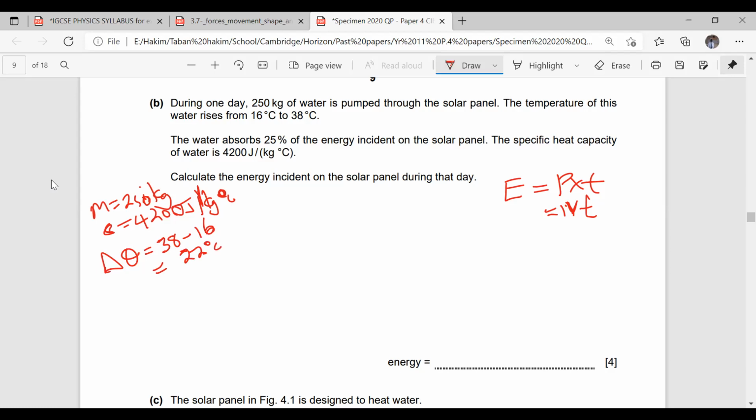So we shall say Q is equal to MC change in temperature. Where there is Q, we shall say Q is equal to 250 times 4,200 times 22.